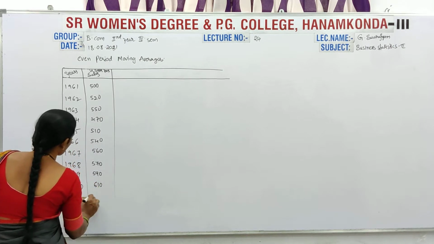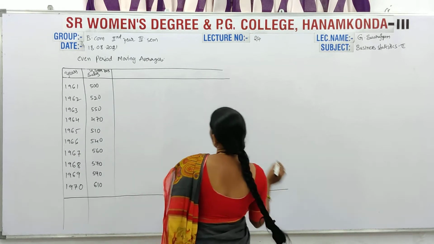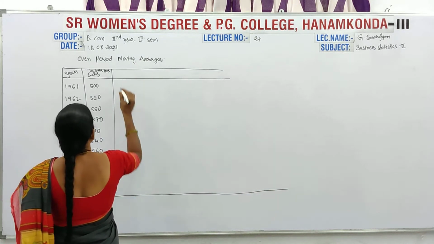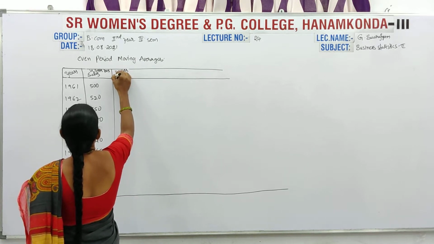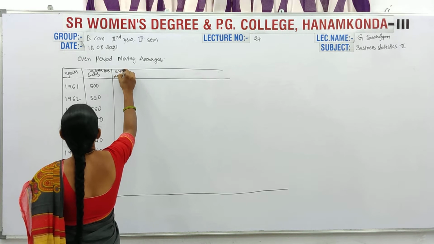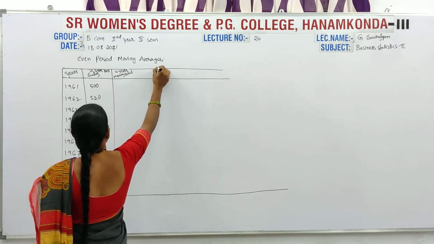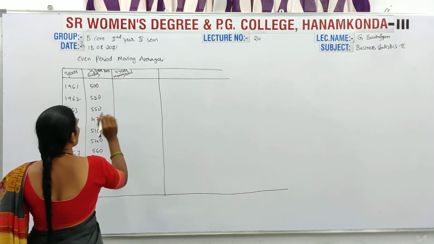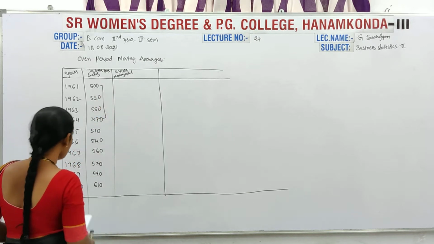Okay, this is the given data. You have to calculate the 4-yearly moving average. First, the 4 years moving total. You have to take the 4 years moving total, right?